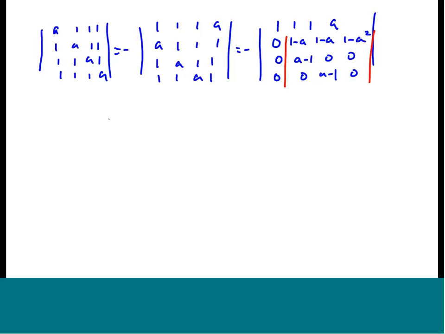So everyone has a minus, so I have minus times 1 minus a times a minus 1 times a minus 1. Then essentially we got 1, 1, 1 plus a, 1, 0.